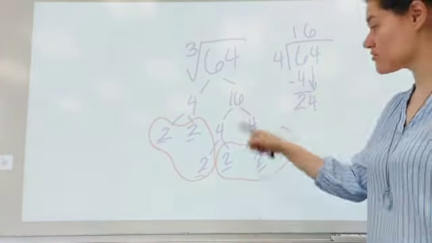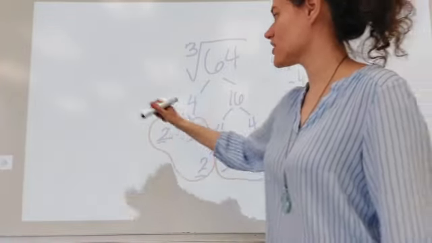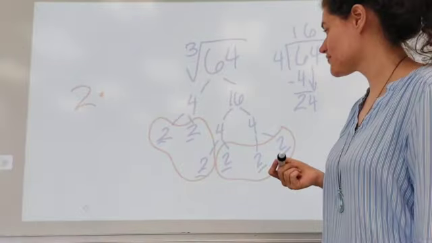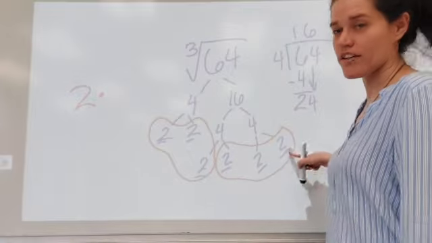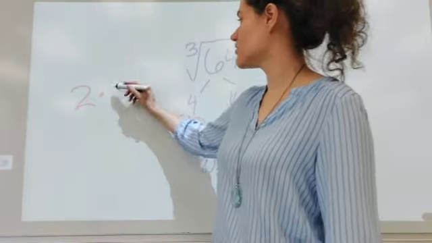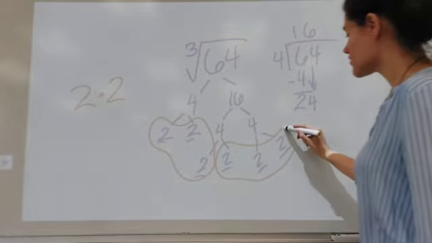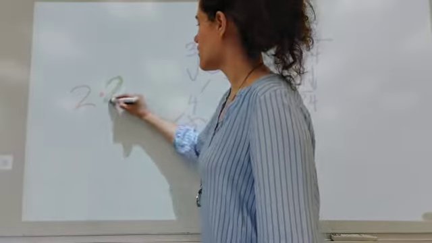So this shows me that one of these here can be a 2 on the outside, and the other one of these here can be a 2 on the outside. So we can show where the different 2s are coming from.